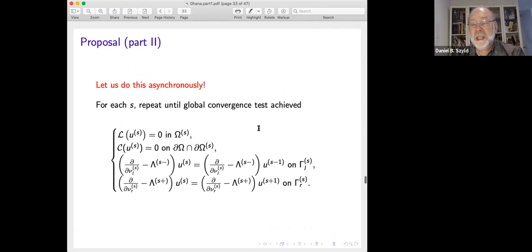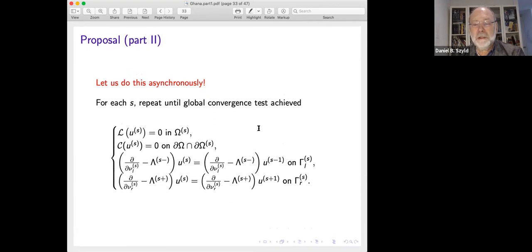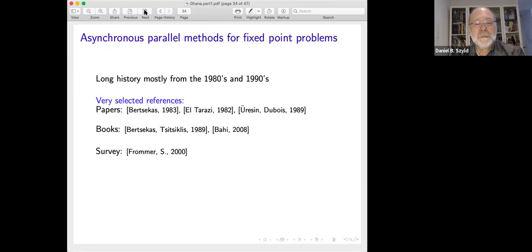I mean, if you think about it, it's a totally crazy idea. This is what a teenager will do. He'll say, well, I don't follow orders, I don't follow rules, I just do what I like. It turns out that asynchronous parallel methods for fixed point problems have been around for at least 40 years.